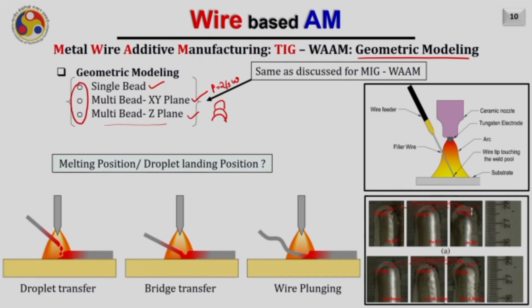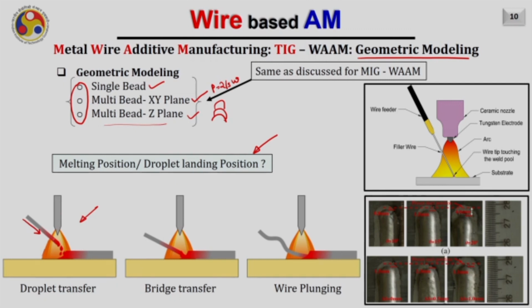However, there is one interesting and very important phenomenon corresponding to the geometric modeling, that is the melting position or droplet landing position. Let us observe this one. The wire is coming from the side and the tungsten is creating an arc.